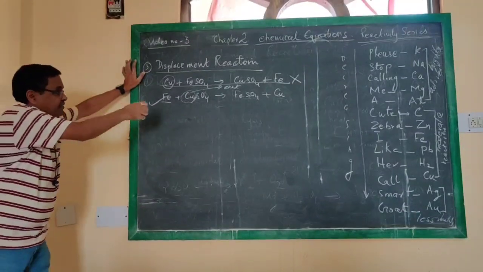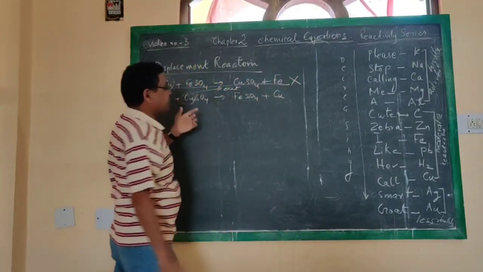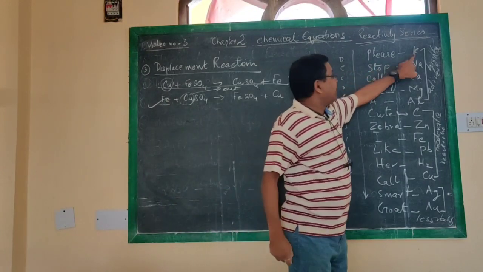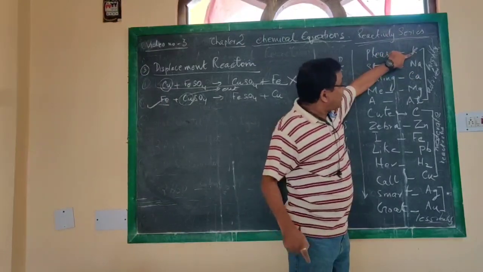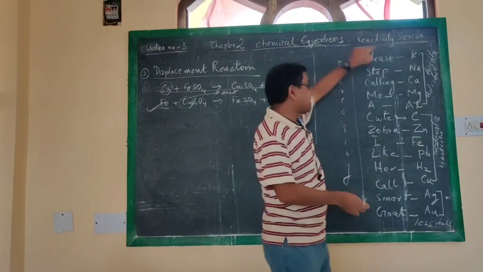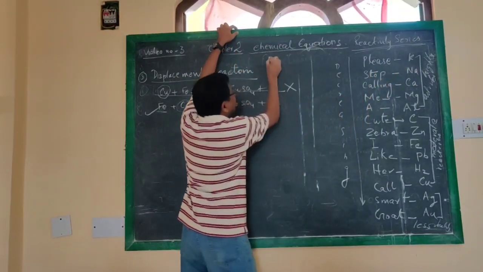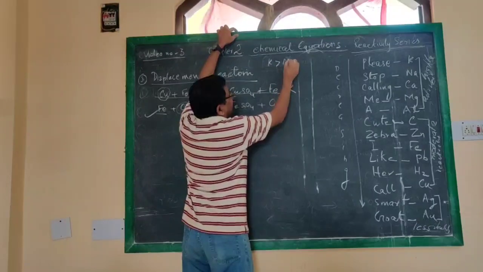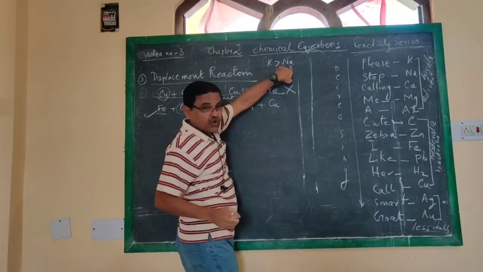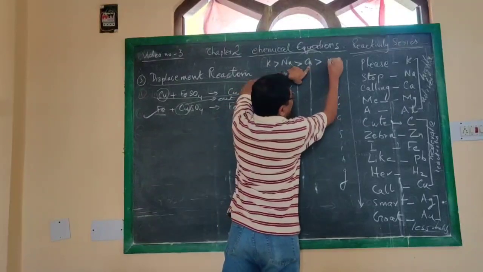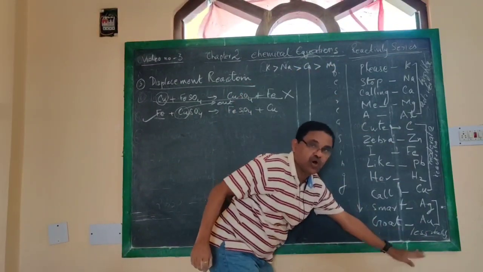Now we know that if we know the reactivity series, we will be able to frame any reactions. For example, potassium is more reactive than sodium, sodium is greater than calcium, calcium is greater than magnesium, and so on.